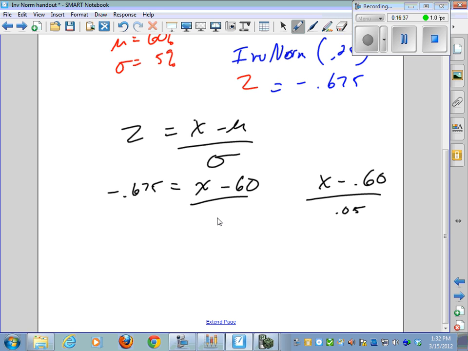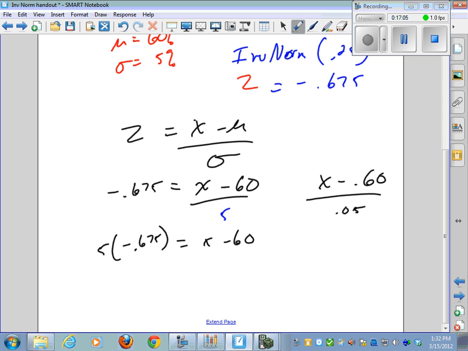Take the 5, because it's divide by, the 5 goes up there and becomes a multiply. To get rid of a divide by 5, you multiply by 5. And then to get rid of minus 60, you add 60. So it's always going to be x minus 60, 5 times minus 0.675.